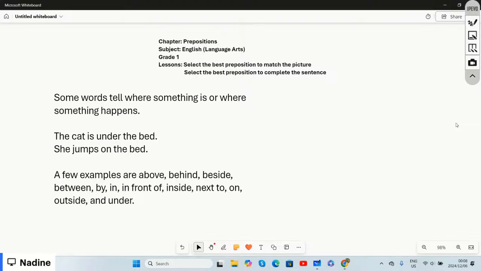And if we look at examples of sentences where we will be able to identify our prepositions, they will tell us either where something is or where something happens.